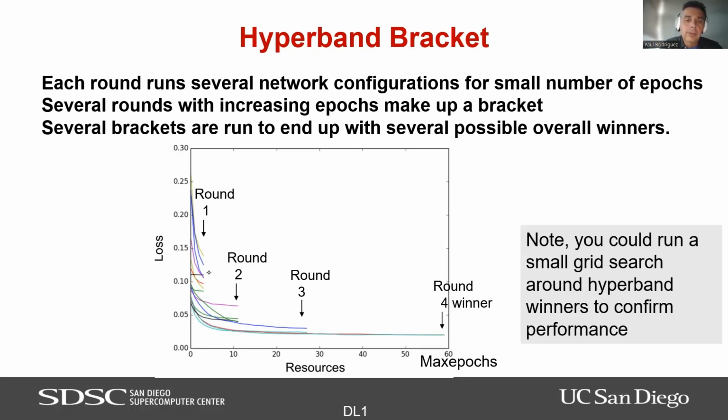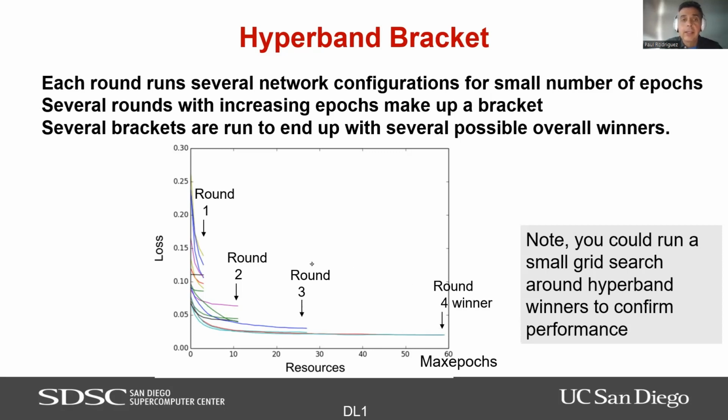The first round, you run a bunch of configurations for, here, I guess 4 epochs. Then you pick out the best ones and do a second round, running each of those for maybe more epochs. Then you do another round with more epochs but fewer configurations. And at the end you get a winner, and you run that one for even more epochs.